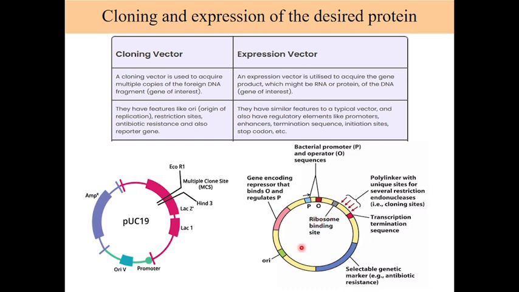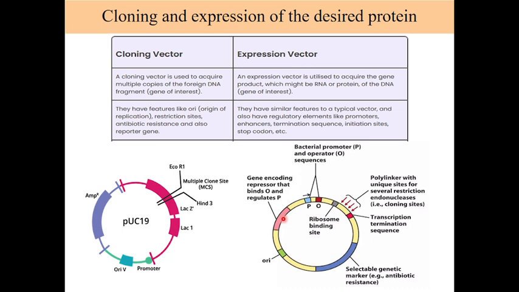And then it is obviously also going to have a selectable marker, antibiotic resistance, and it is going to have a gene encoding a repressor that binds to the operator and regulates the promoter. So this entire lac operon system should also be there. This is an inducible operon, right? So an inducible promoter system should also be there.